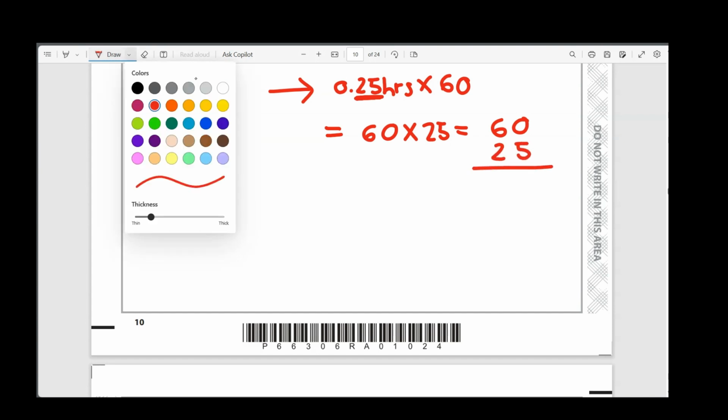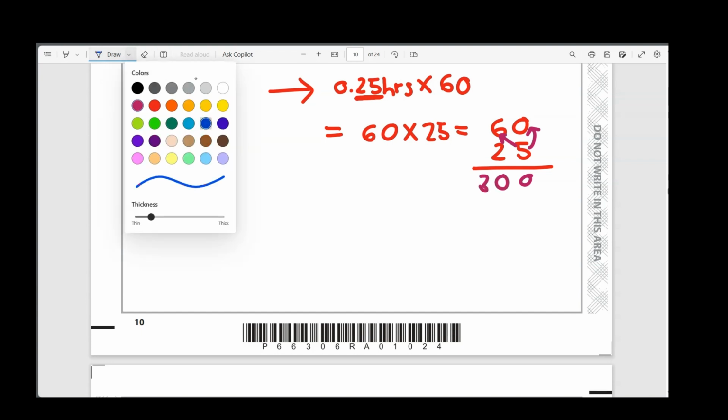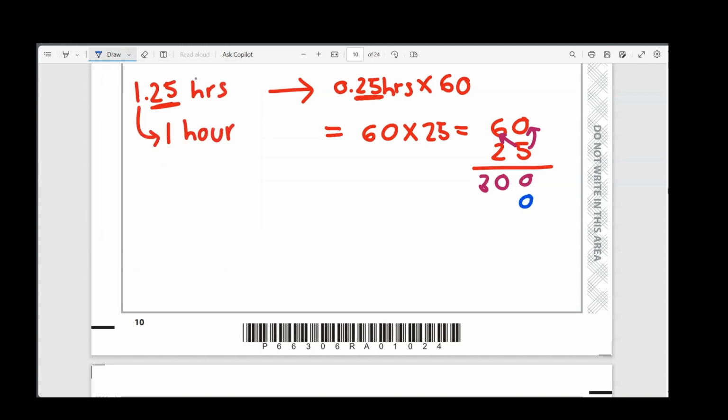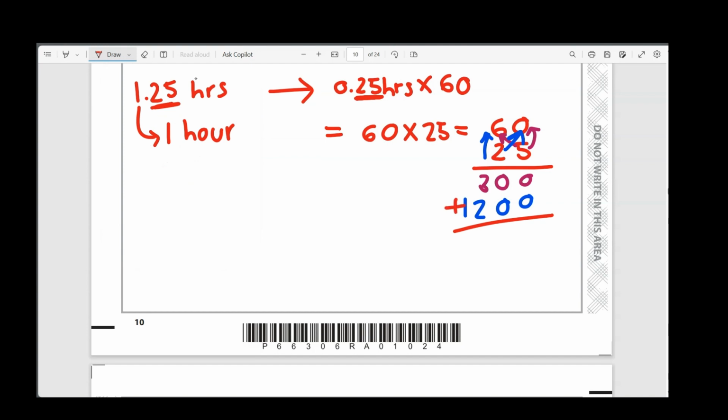And then we say, okay, 5 times 0 is 0. 5 times 6 is 30. Then next up, I'm in the tens column, so I'm going to add a 0, and then I'm going to say 2 times 0 is 0. 2 times 6 is 12. We can then add these up. So 0 and 0 is 0. 0 and 0 is 0. 3 and 2 is 5. And then 1. Okay, and then remember, we were multiplying with decimals. So I had 2 decimal places in my question, so I need 2 decimal places in my answer.